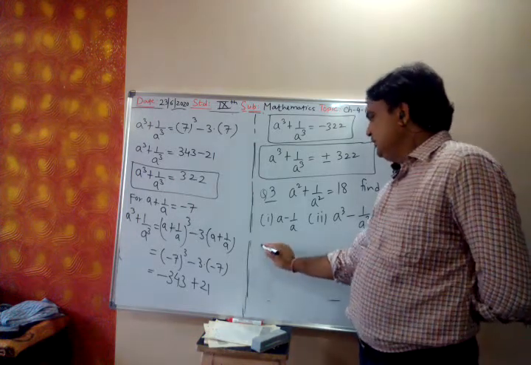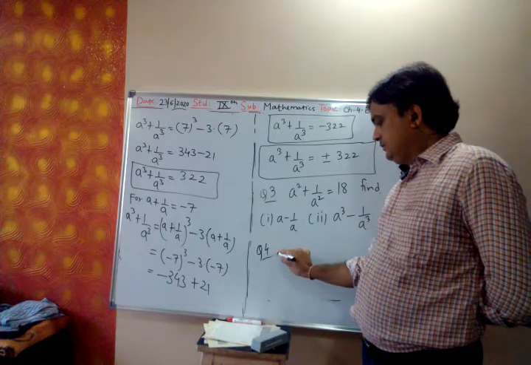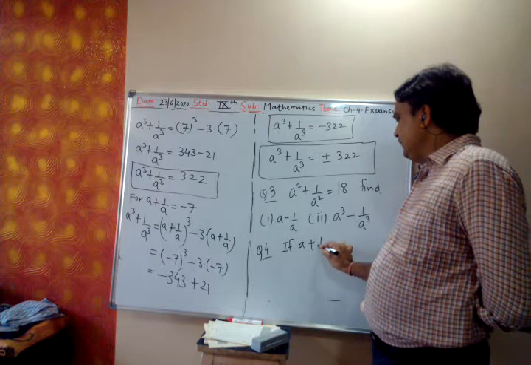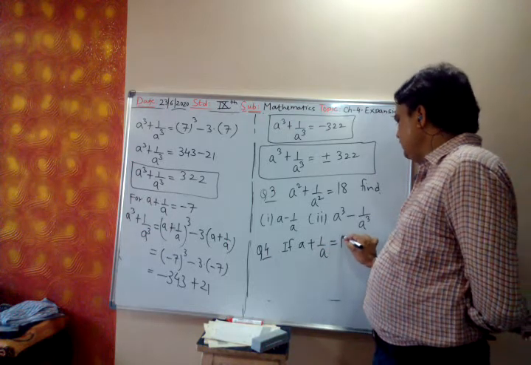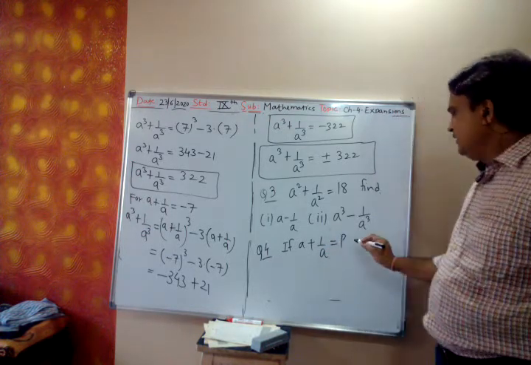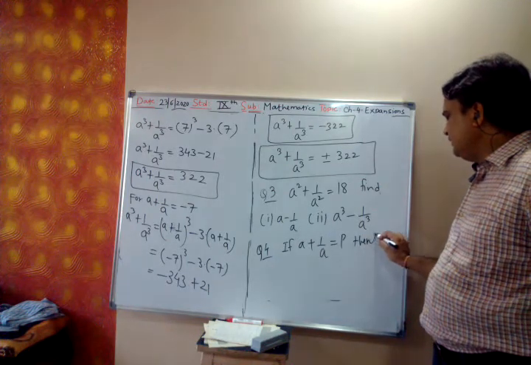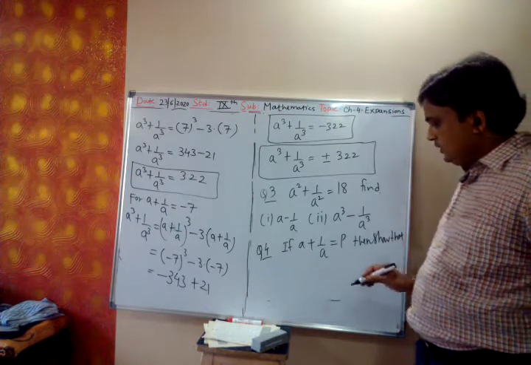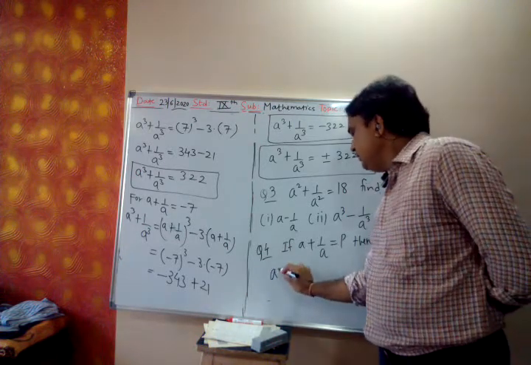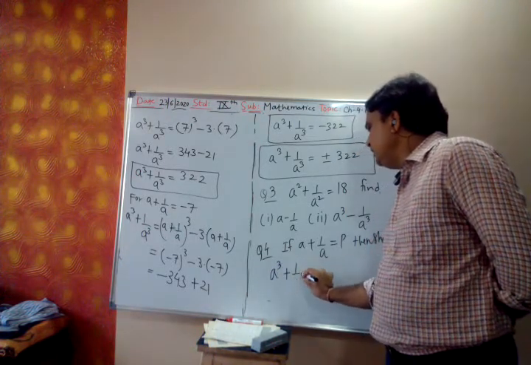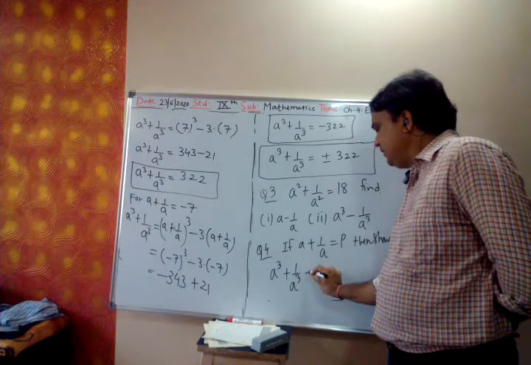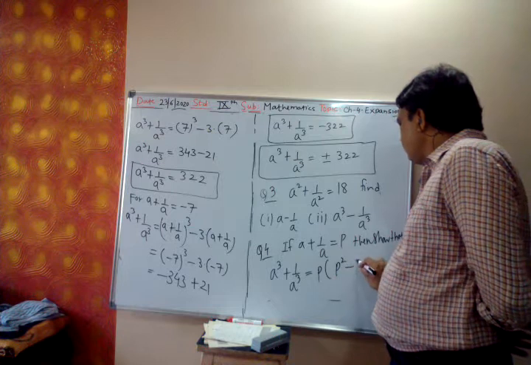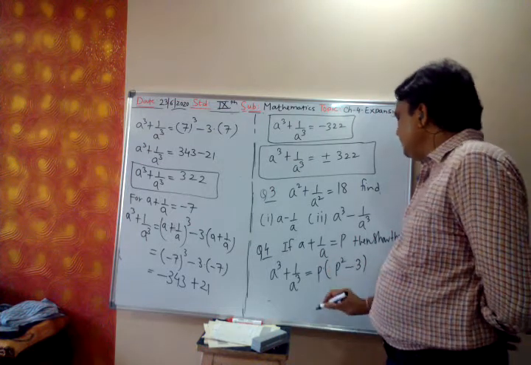Question number 4. If a plus 1 upon a is p, instead of some number it is given p, then show that a cube plus 1 upon a cube is p into p square minus 3.